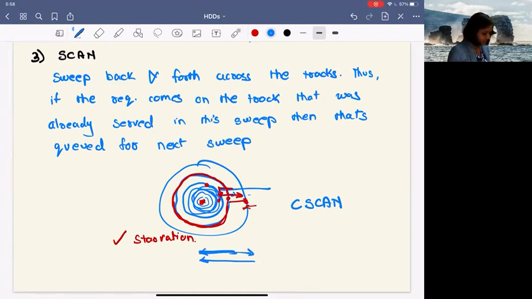C stands for circular, so only one direction sweep. It's more fair to the outer tracks than SCAN. So we would move from inside to outside, then we would move the head all the way back to inside and then start sweeping from inside to outside.